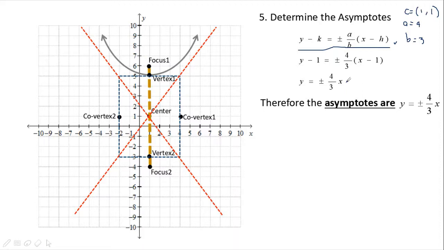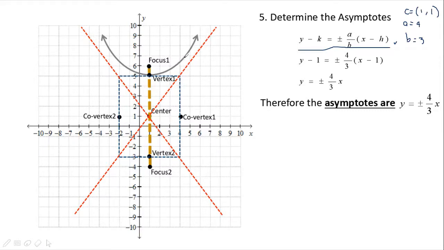So the graph of our hyperbola is like this, and the red lines here represent the asymptotes. Again, when we say asymptote, this is like a boundary of the hyperbola.